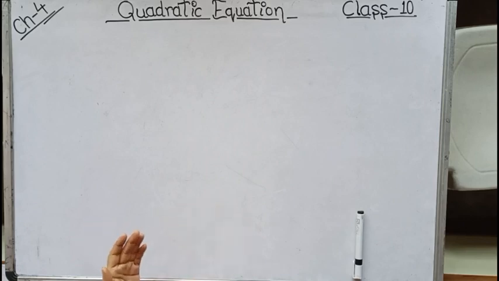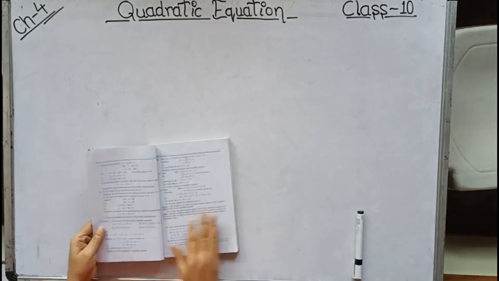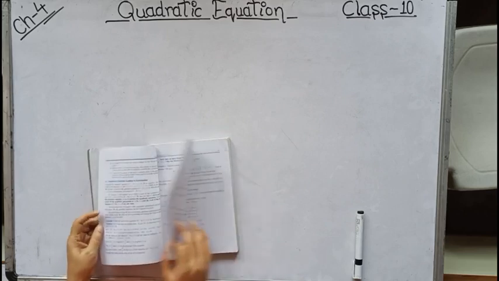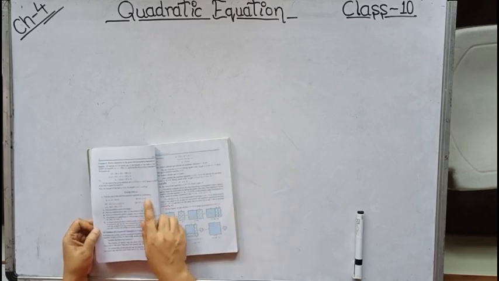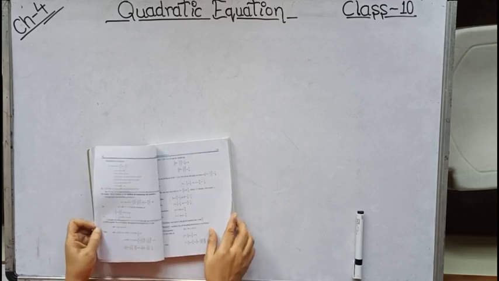If we talk about the deleted portion in NCERT, in exercise 4.1 question number 2, children, you can cut. In exercise 4.2, from question number 3 to question number 6, you can cut.